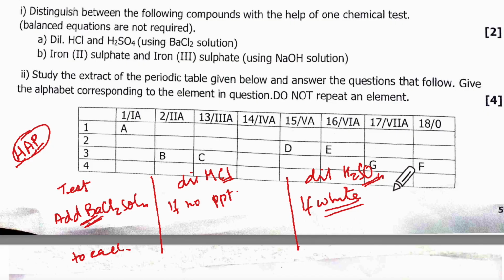In the exam, please write precipitate. Don't write PPT. Your teacher can choose to give you straight 0. I'm writing PPT just now. In the exam, what you'll write? Precipitate.